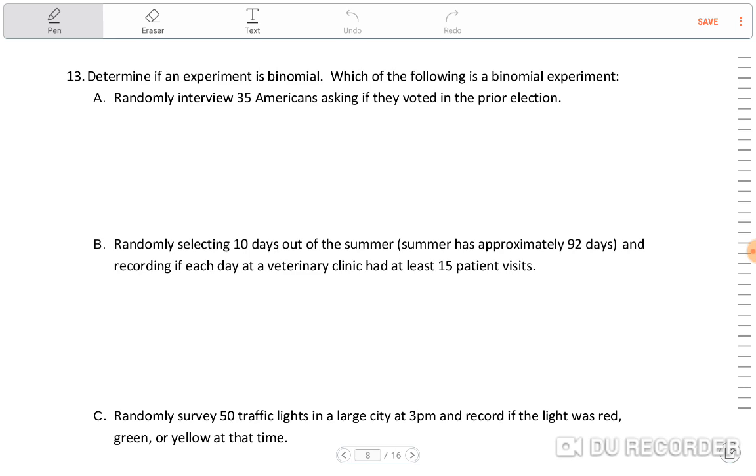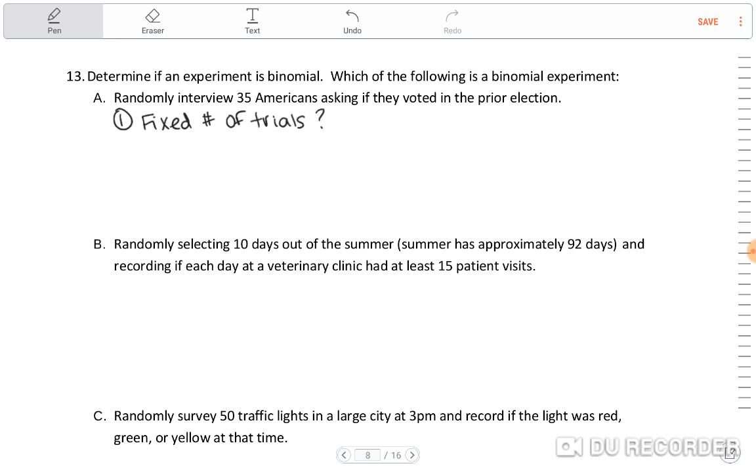Okay, so which of the following is a binomial experiment? A says randomly interview 35 Americans asking if they voted in the prior election. Well, let's start with, is there a fixed number of trials? Number 1, fixed number of trials?